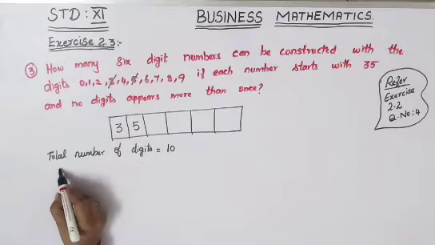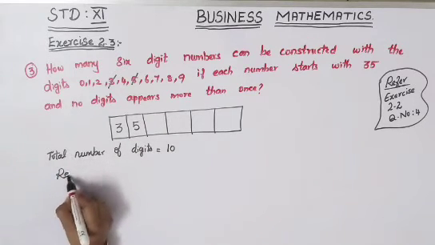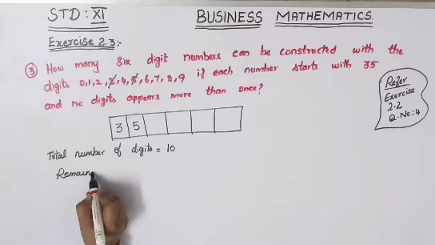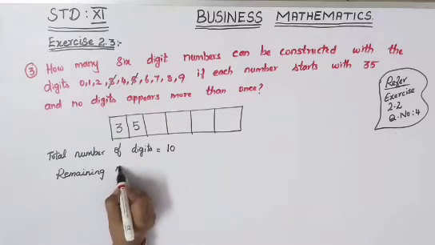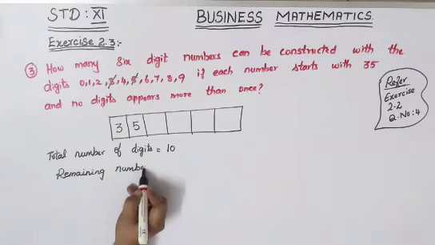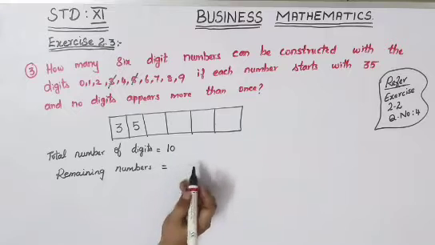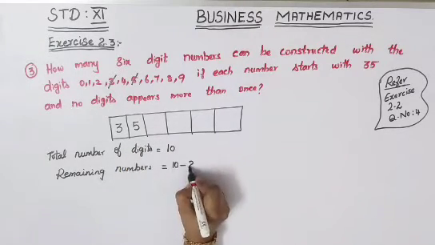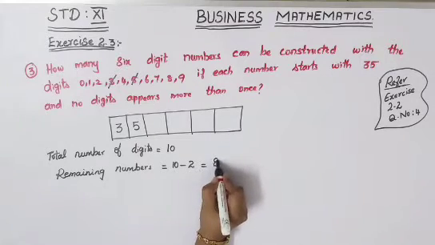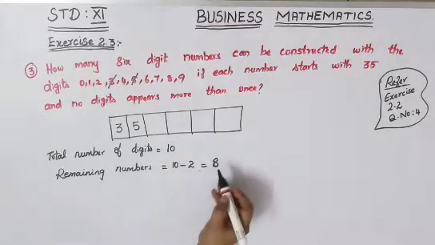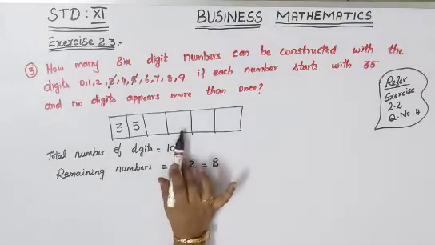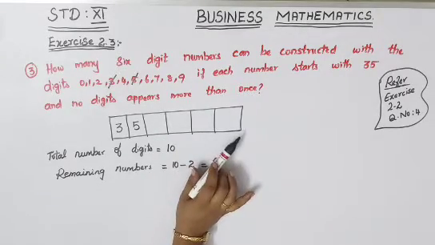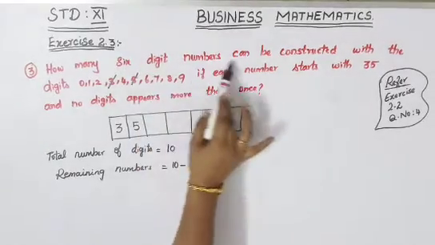Therefore, the remaining number is equal to 10 minus these 2 digits. So 2 will be removed. So totally now you will have only 8 digits. With these 8 digits we will have to fill the places here and find how many 6-digit numbers can be constructed.